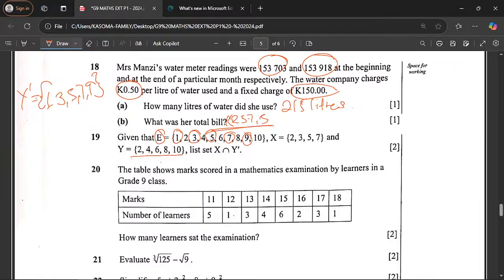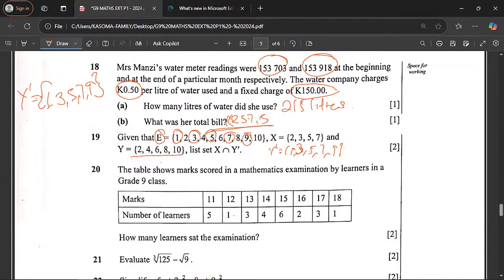Okay. Now for it to be easier for us, I can write Y complement is equal to 1 comma 3 comma 5 comma 7 comma 9 close bracket.